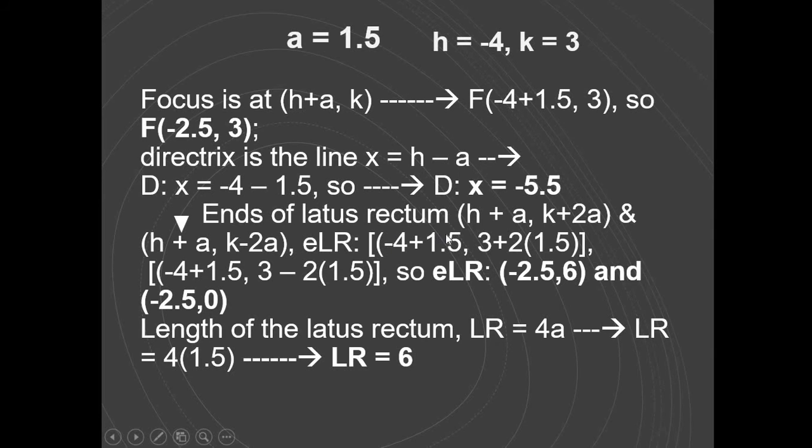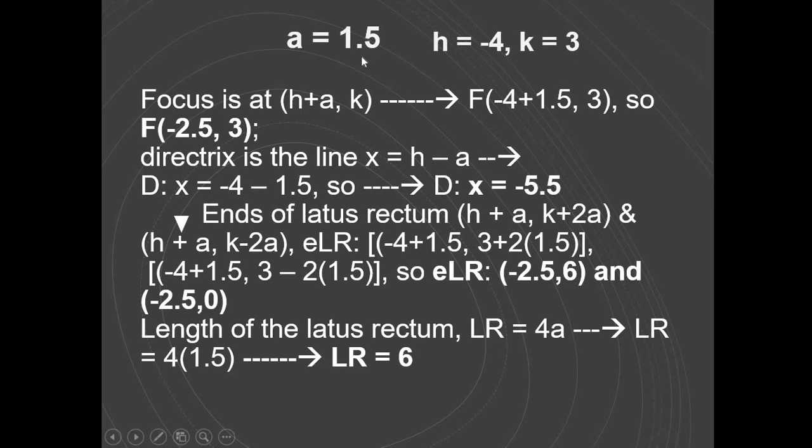How about the endpoints of the latus rectum? (h plus a, k plus 2a) and (h plus a, k minus 2a). For h plus a, same as the focus, which is negative 2.5. So we have negative 2.5 and negative 2.5. What's left to solve are k plus 2a and k minus 2a. So 3 plus 2 times 1.5, which is 3, so 3 plus 3 is 6.